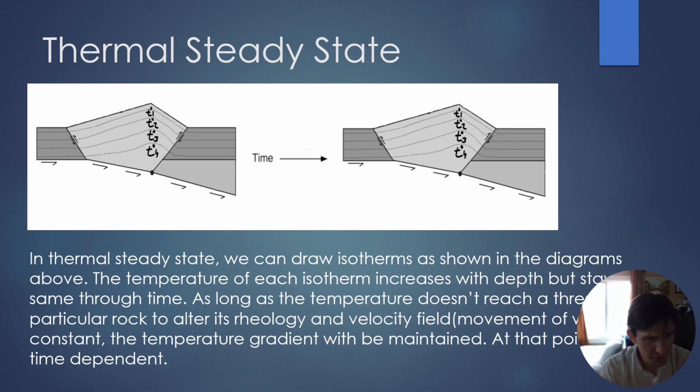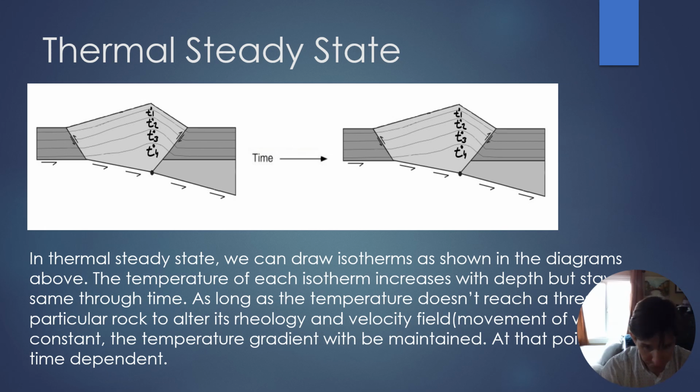Here we see different layers as they're marked T1, T2, T3, and T4. Just for illustration purposes, we can say that through time, their depth and their magnitude would be maintained.